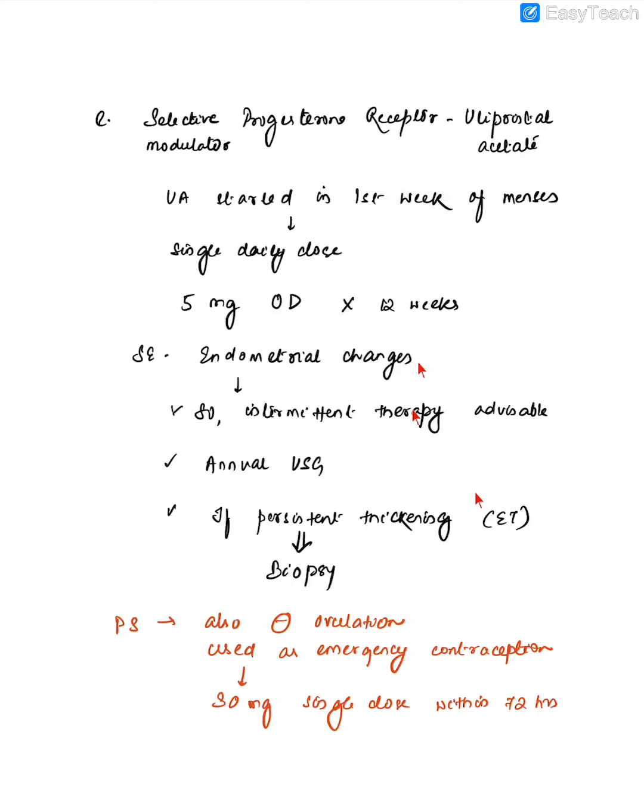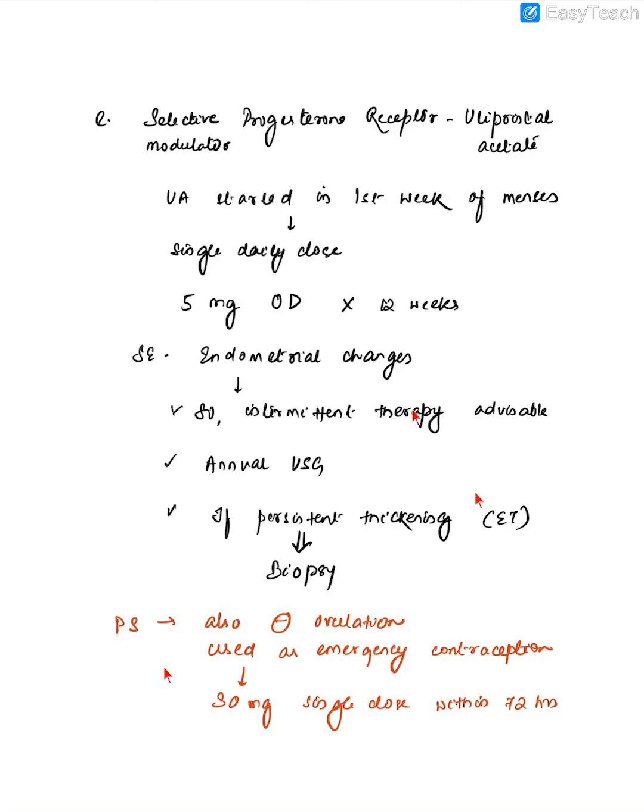Even this causes endometrial changes. Any progesterone modulator or antagonist will cause endometrial changes. So it is important that if you are giving mifepristone or ulipristal, intermittent therapy is advisable and annual ultrasound is done to see the endometrial thickness. If the endometrial thickness is persisting, then it is usually advisable to go for a biopsy.